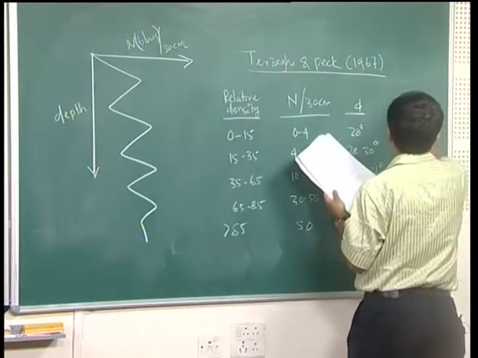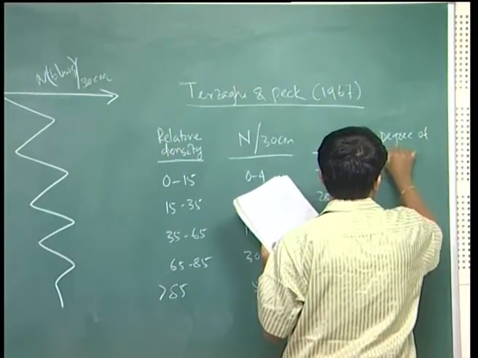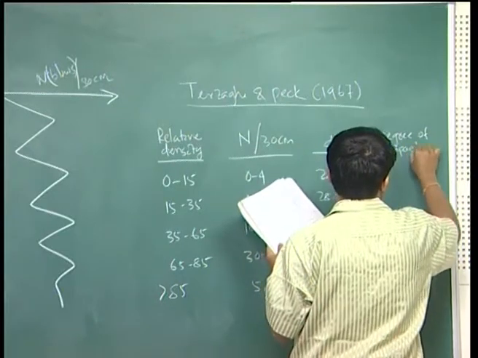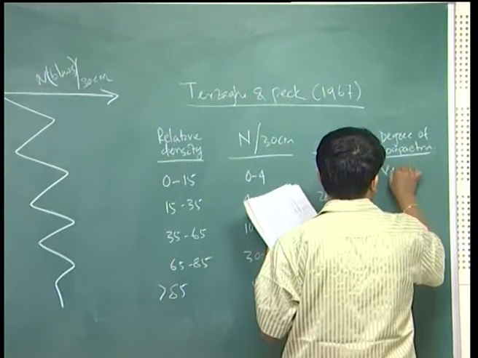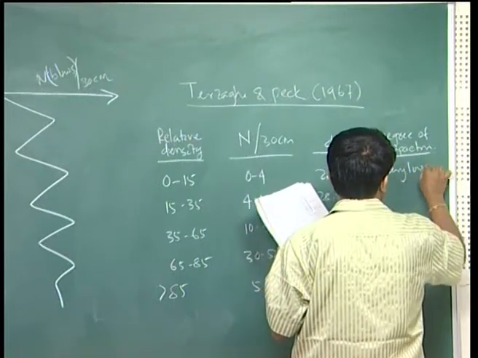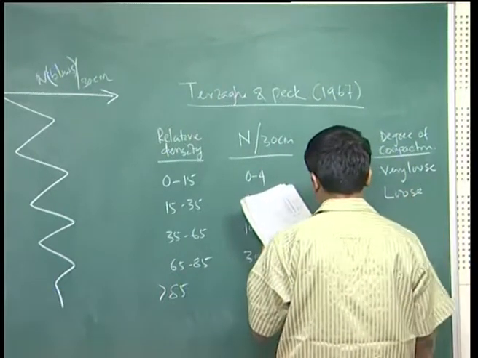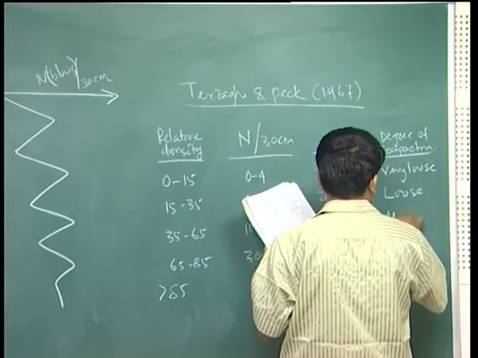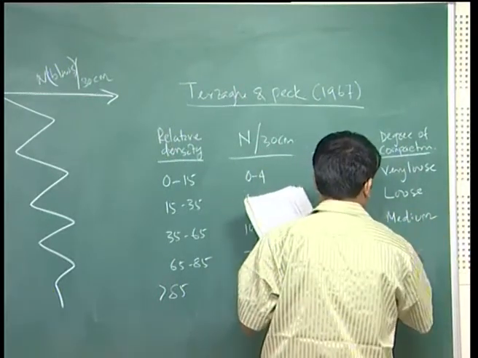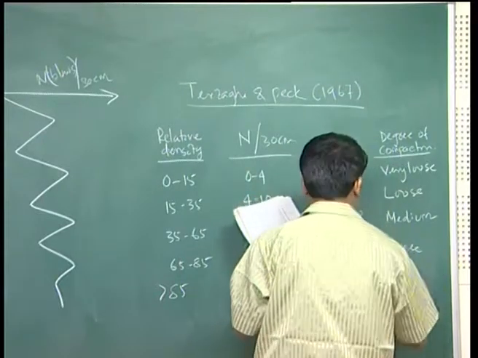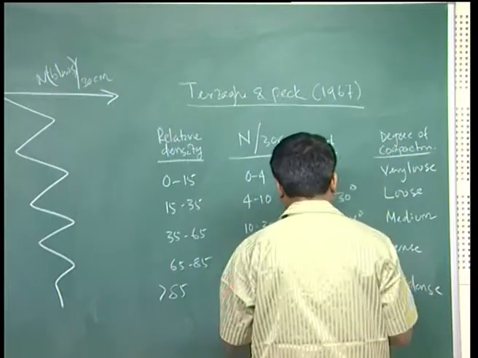The degree of compaction is very loose, then loose, medium, dense, very dense.